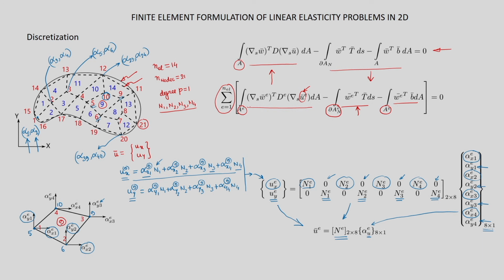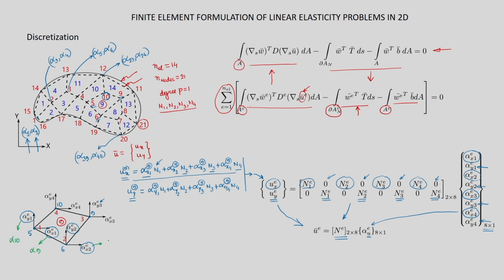So, for this element 9, if I represent the global alphas, alpha x1 will be alpha 9 and alpha y1 will be alpha 10 globally.